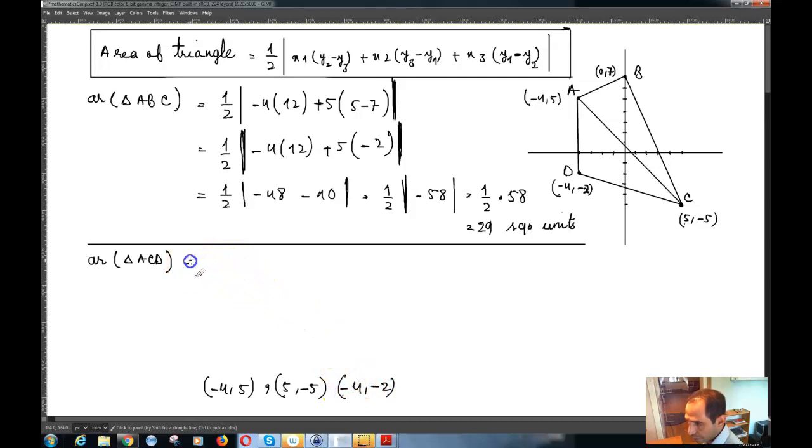So then this I can write as 1/2 times the absolute value of, for example, -4 times (y2 minus y3). So that's -5 minus y3, so that becomes +2. And x2 is 5 over here, times (y3 minus y1). So that's -2 minus y1.